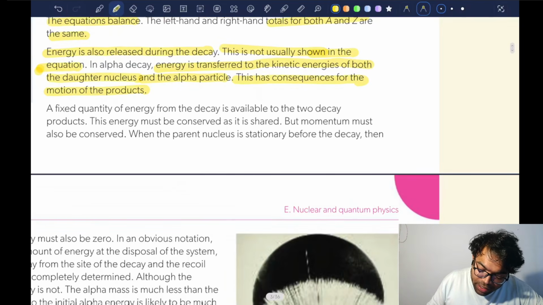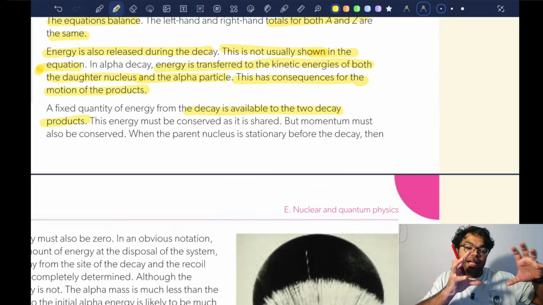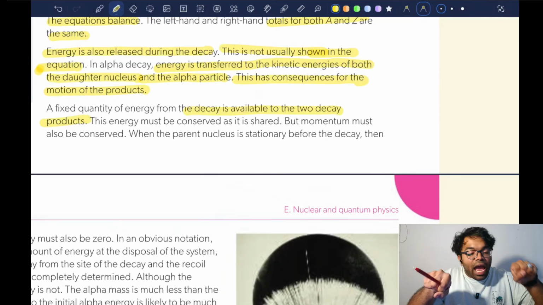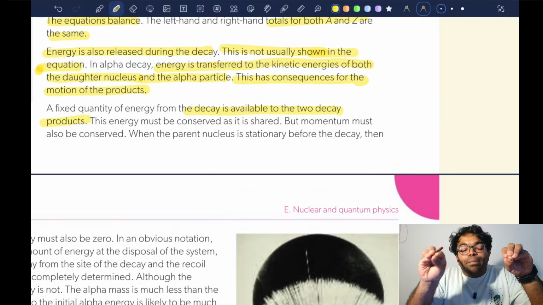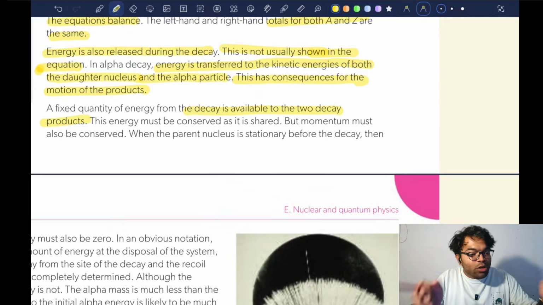Now, a fixed quantity of energy from the decay is available to the two decay products. That is, the unstable energy that was in the parent atom has split and is imparted to the multiple elements. When you split something, you will get at least two pieces.